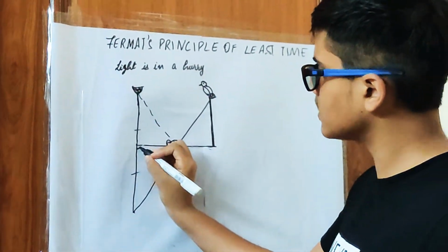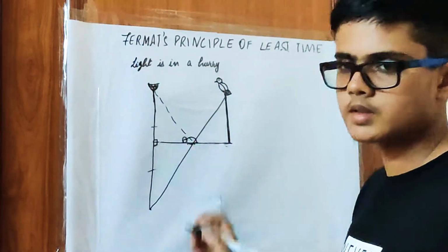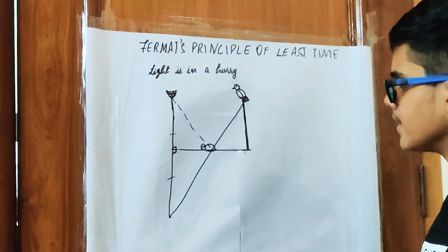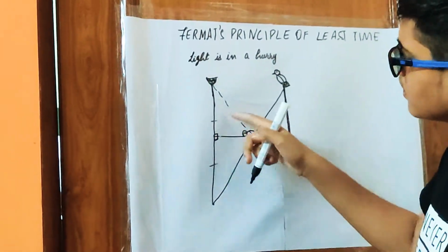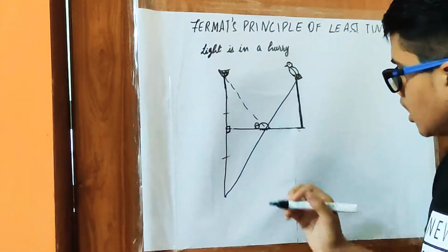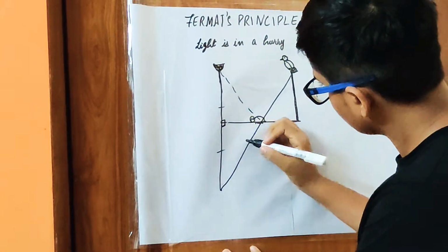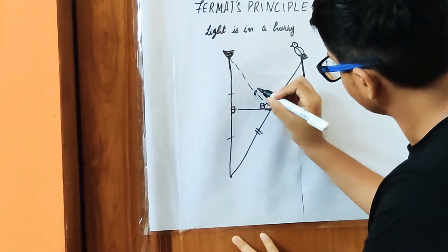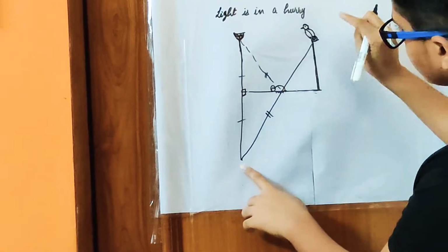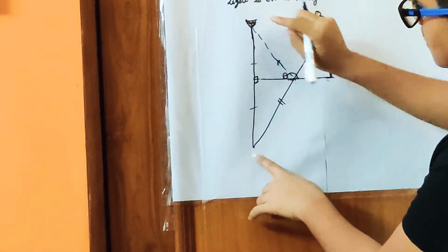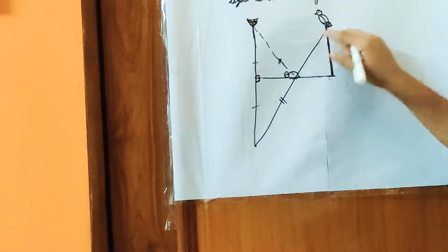Alright, so this angle equals 90 degrees, that we know, because it's a pole and it's 90 degrees. And these 2 lines are equal and this line is common. Thus, these 2 triangles are congruent. So these 2 lines are equal.